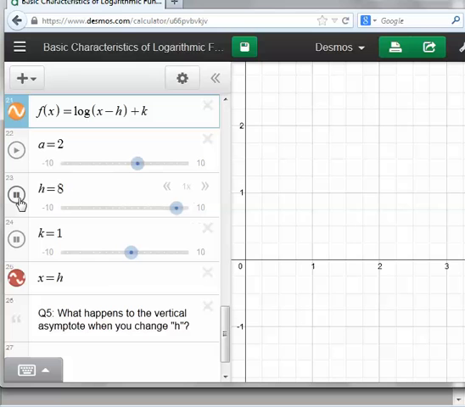Okay, and a shortcut that you guys want to remember is that every time you have to graph these logarithmic functions by using transformations, notice that the vertical asymptote is this h value next to x. Okay, so that's something you guys want to remember for the next test.